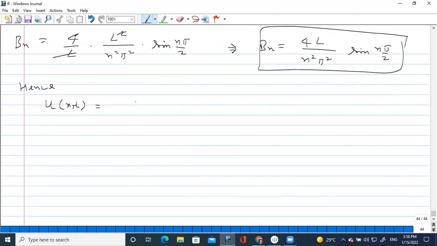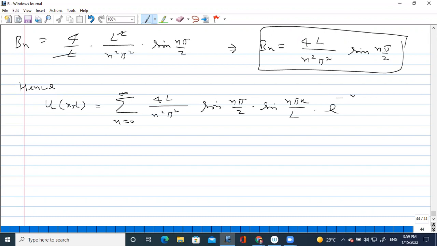So it will become, in terms of summation n equal to 0 to infinity, 4L by n square pi square sine n pi by 2 sine n pi x by L into e to the power minus n square pi square at divided by L square.